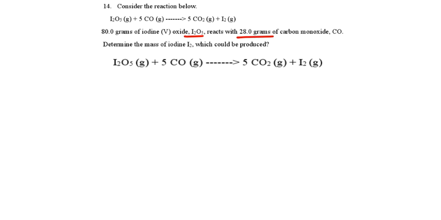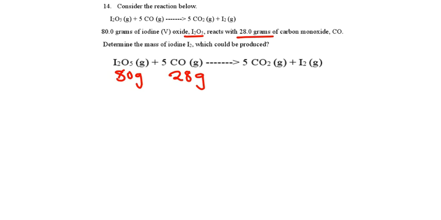Even if the question doesn't state it, you can only predict how much would be produced if you determine the limiting reagent. That's a very important concept you need to know. So I have 80 grams of this and 28 grams of carbon monoxide. I first divide by their molar masses and then determine the limiting reagent.